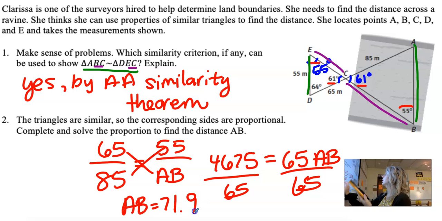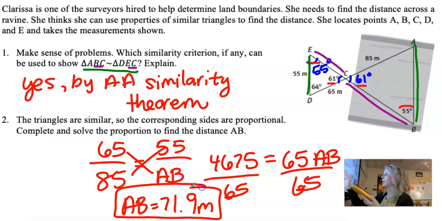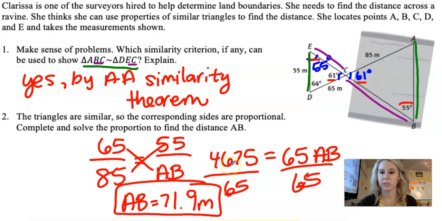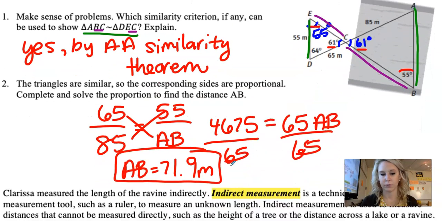I'm just going to write 71.9, and we have units, so 71.9 meters. So that is how I first determine if something is similar, and if my triangles are similar, then I am allowed to set up a proportion and solve.